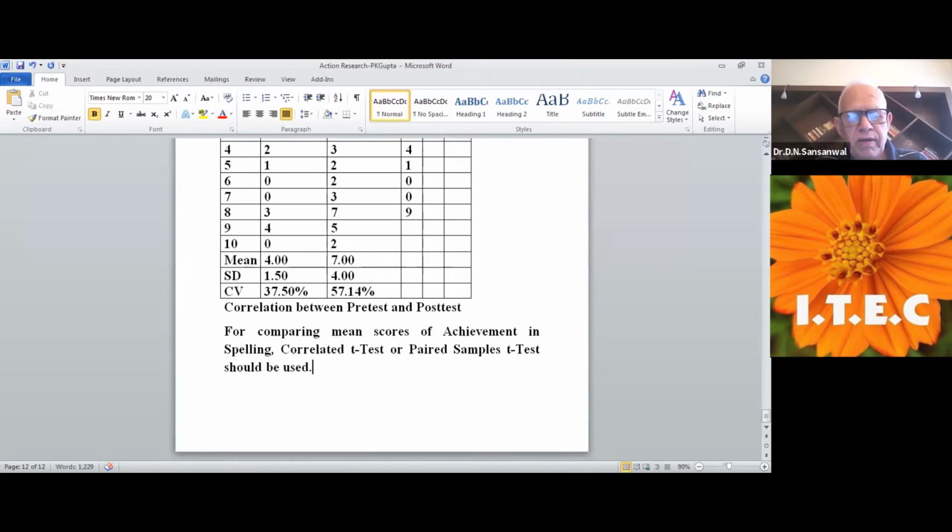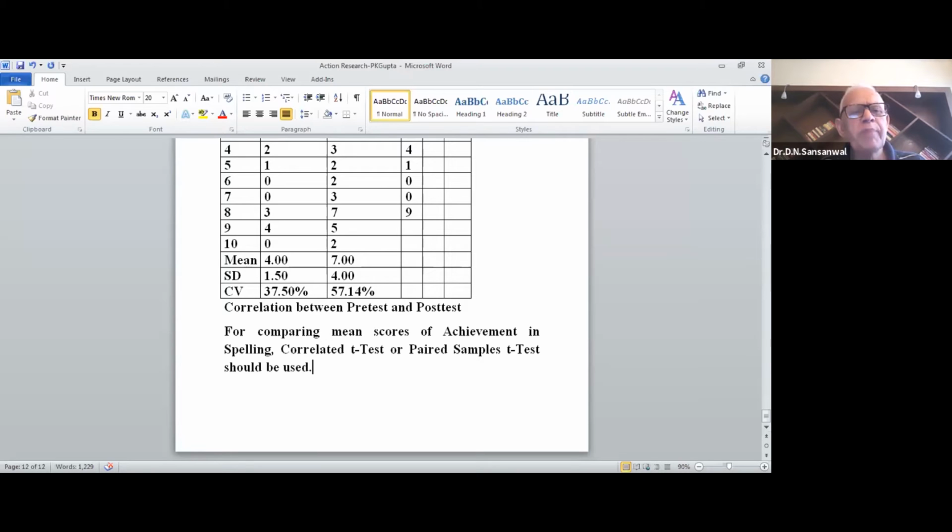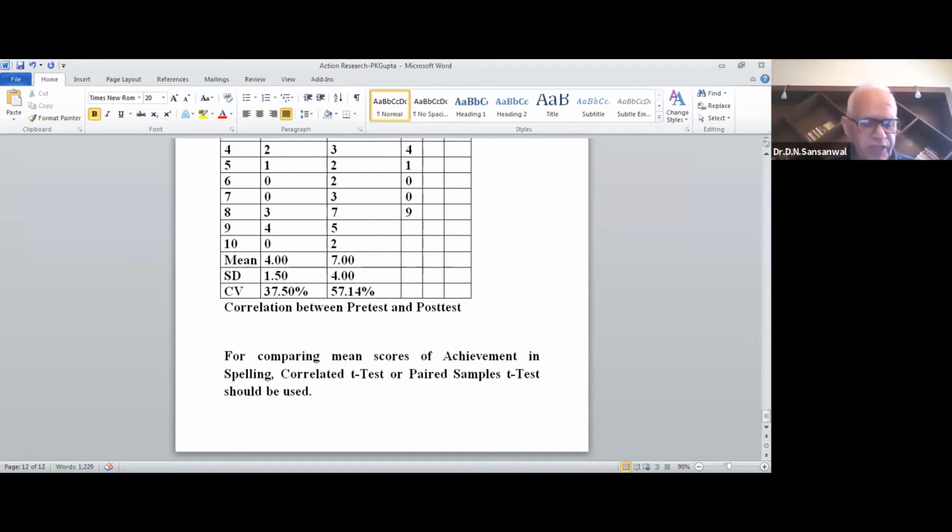Those people who are doing their B.Ed. may not know the correlated t-test or paired samples t-test. Then you can calculate the coefficient of variation, because you have already studied how to compute the mean, the standard deviation, and then the coefficient of variation.